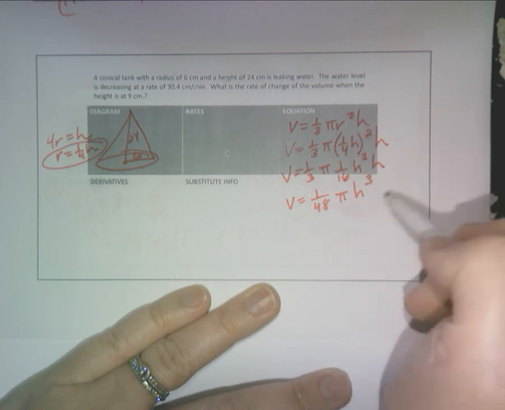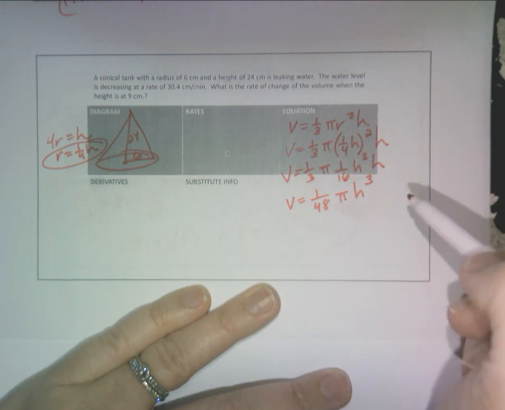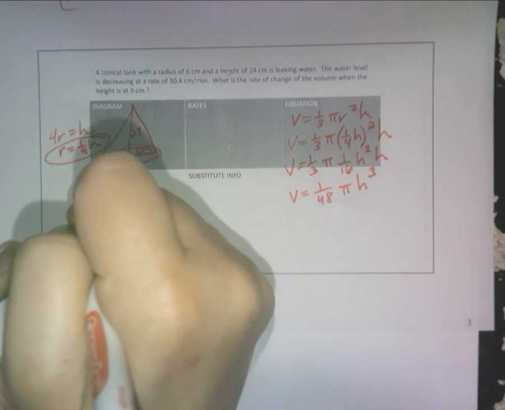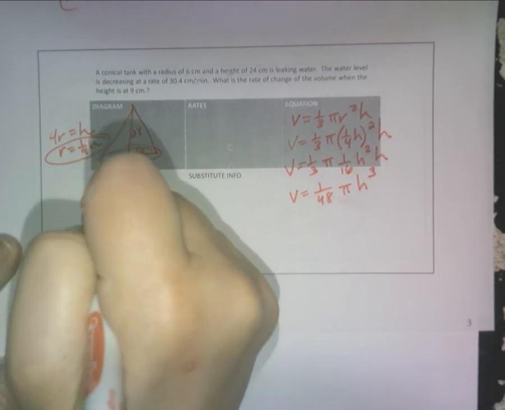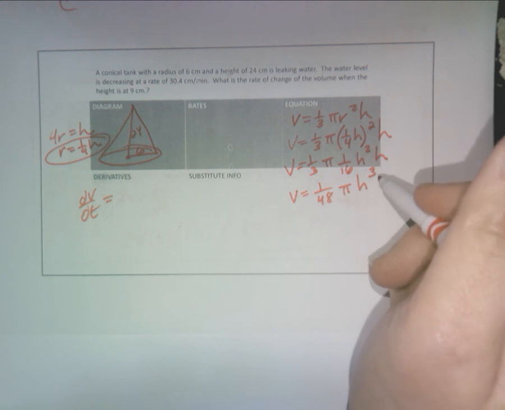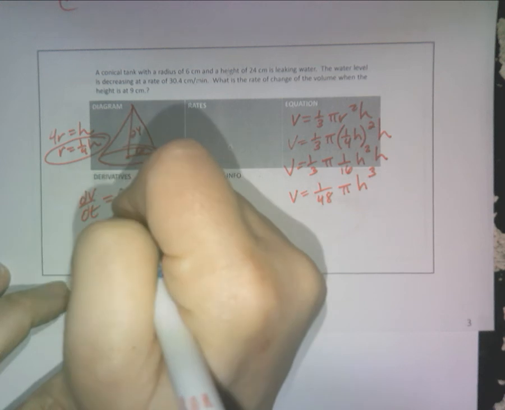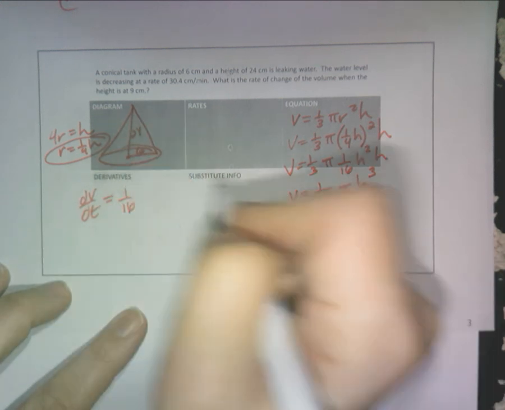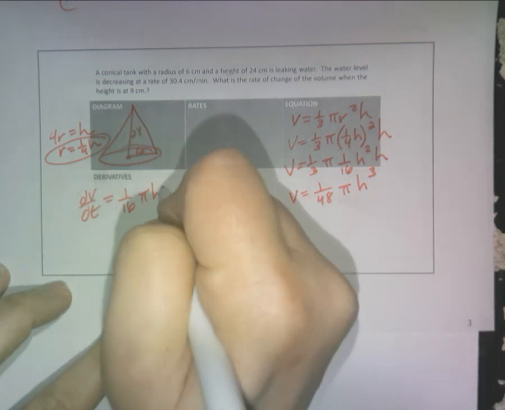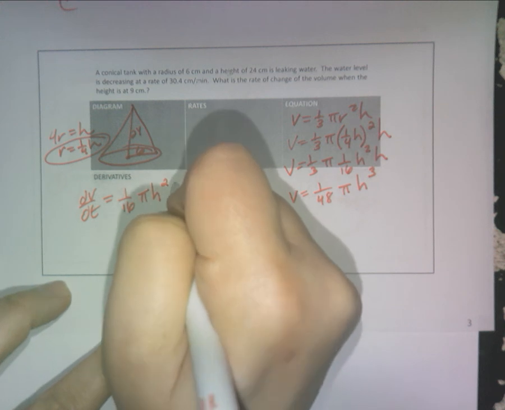Okay, now you have a very good formula to take a derivative of. Okay, what's the derivative of V? dV dt. What's the derivative of 1/48 pi h cubed? It is 1/16. Very good. 1/16 pi. h is now squared, and then I include dh dt.